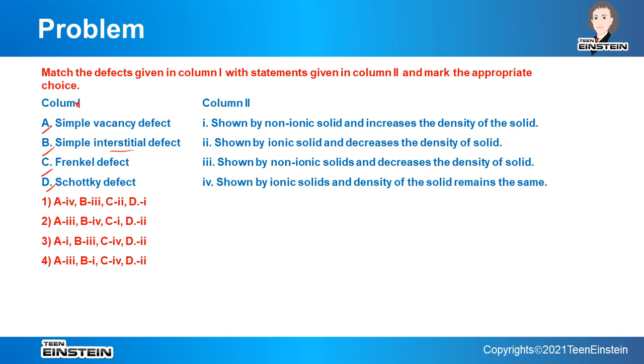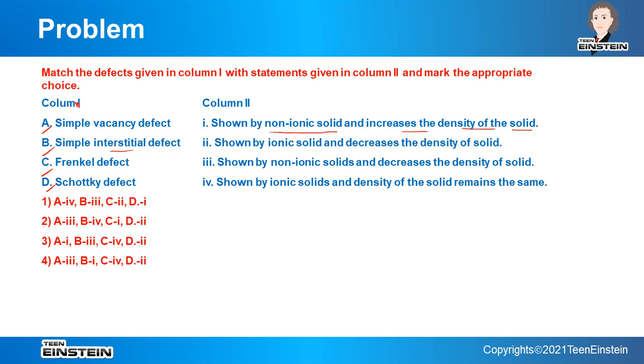And in column 2 we have shown by non-ionic solid and increases the density of the solid. So remember, non-ionic solids show vacancy defect and interstitial defect. Okay, and in which case does density increase?